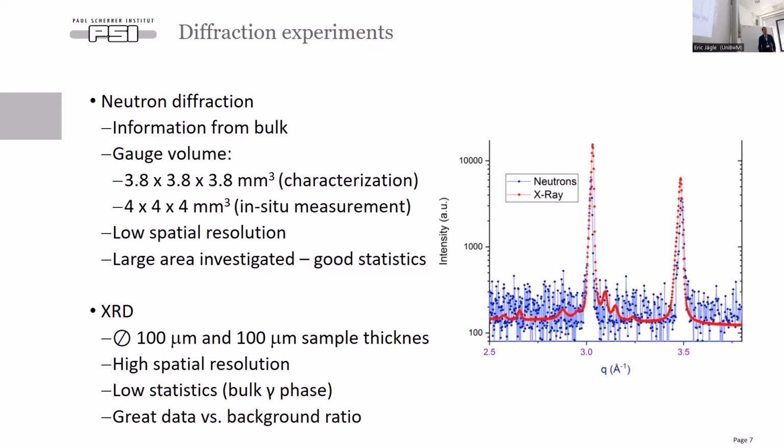But on the other hand, we have low spatial resolution. With X-ray diffraction, we have to use small samples. Also, the spot size is much smaller, so we have high spatial resolution, but there is also a problem with low statistics. You can also see that X-ray diffraction has a much higher data-to-background ratio. So here we can even see the peaks from the precipitates, which with neutron diffraction are just hidden in the background.